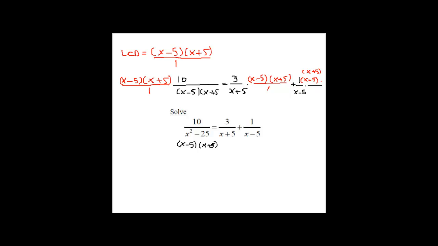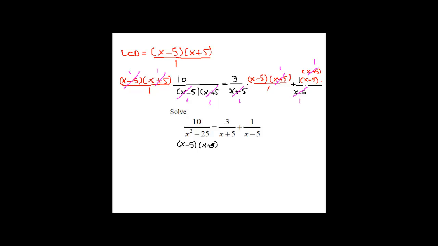Okay, the next step is to reduce them. So reduce the fractions. So here we get x minus 5. x minus 5 reduces to 1. x plus 5, x plus 5 reduces to 1. And so on. All these fractions turn to 1. So let's see.